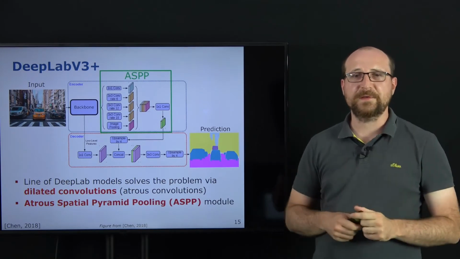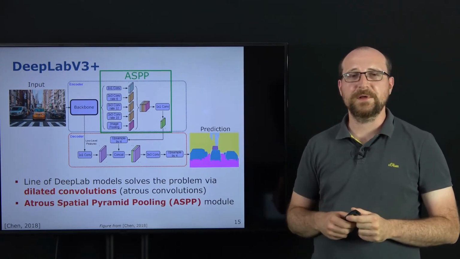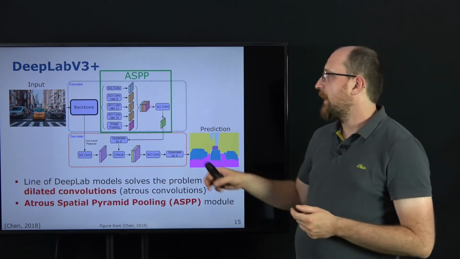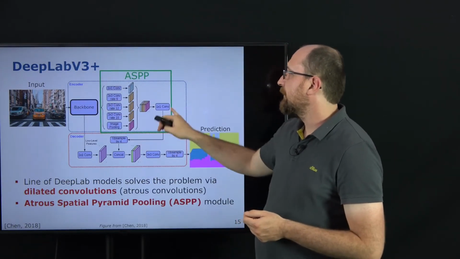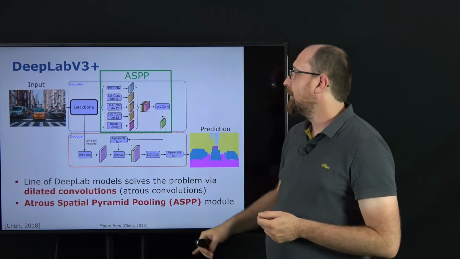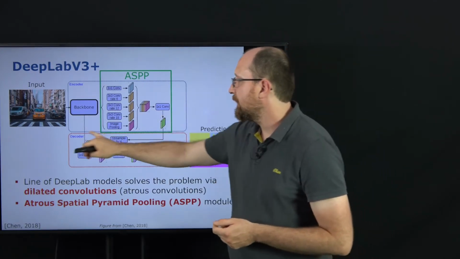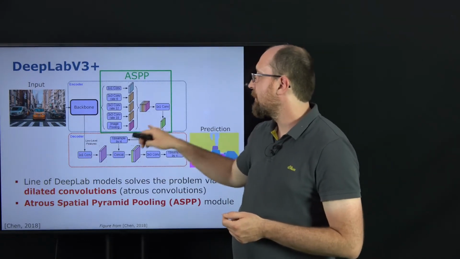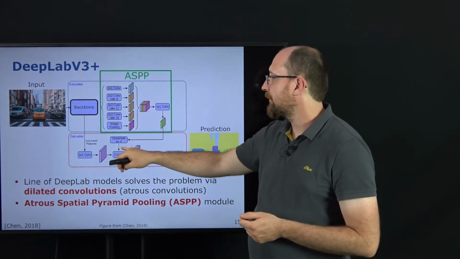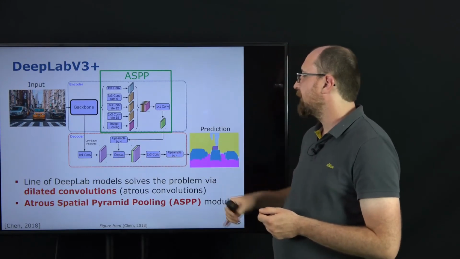This will be explained a little more on the next slide. Here we have our CNN backbone that produces the feature map. Then we apply this ASPP module on top of this, and then we have a decoder which uses these features, from our backbone but also our ASPP features, and then produces in the end the prediction that we want to have.